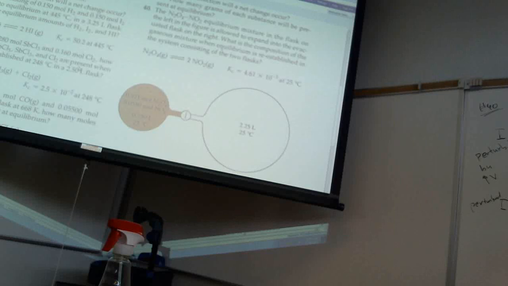Okay, this is smaller than K. The earlier values were equal to K or close enough to equal to K. This is smaller than K, which means we shift forward, just like we expected. By increasing the volume, we favor the side with more moles. And so the shift here is the Le Chatelier shift.